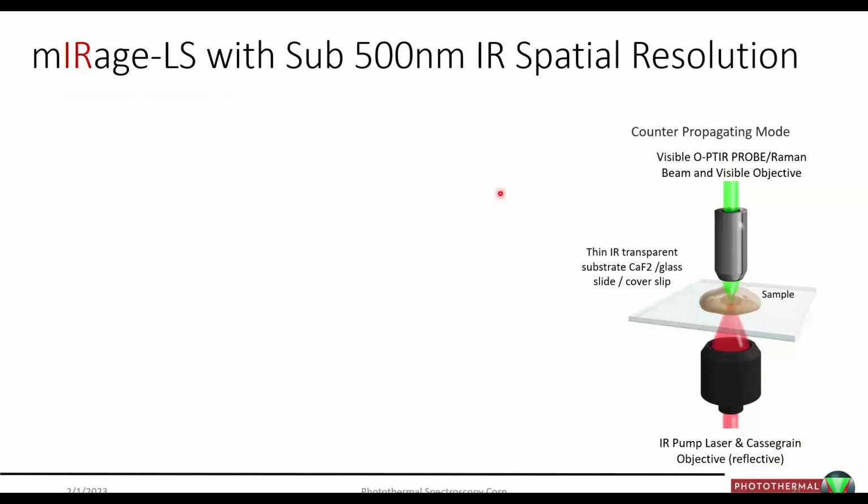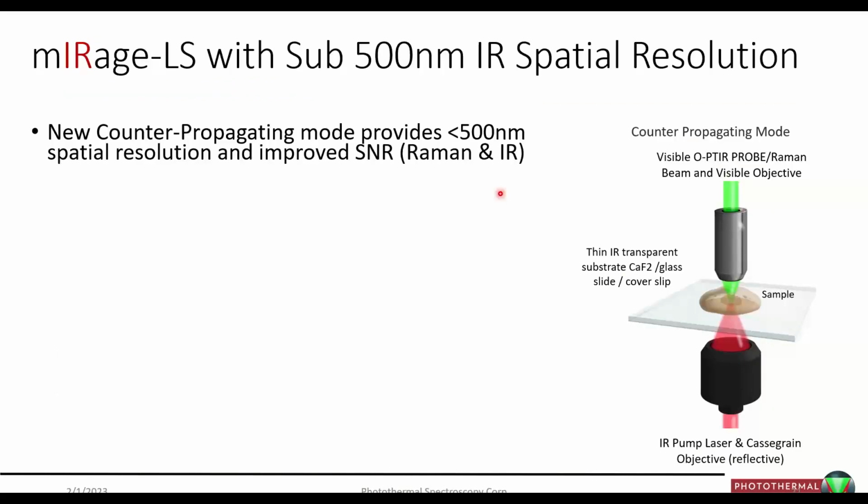One of the most exciting things is this counter-propagating mode. What I showed you up until now is where the infrared and the green come from the top. Remember, cast your mind back a few slides to where I showed you those green and red rays coming down from the top of an objective. Well, now we've flipped that around. We now have the option to bring the infrared from the bottom.